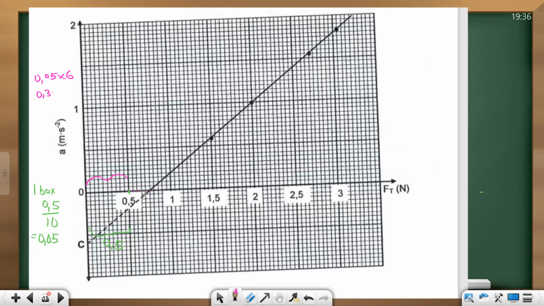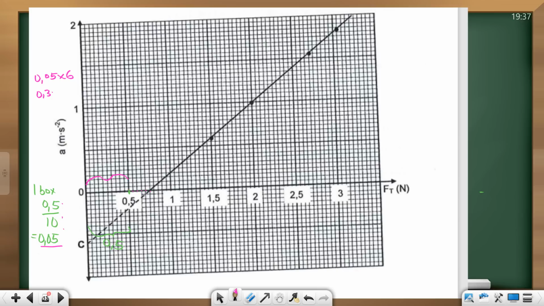We know it's 0.5, right? How many boxes are there? 10 of them. So 0.5 divided by 10 will give us 0.05. If you don't want to do what I did, you can just add 0.5 plus 0.05. That is 0.55. Then 0.6, 0.65, 0.7, 0.75, 0.8.